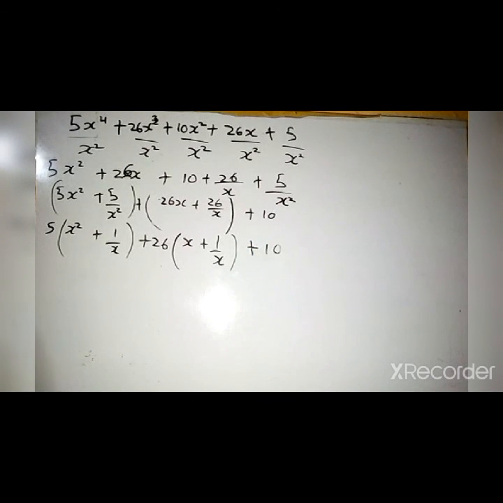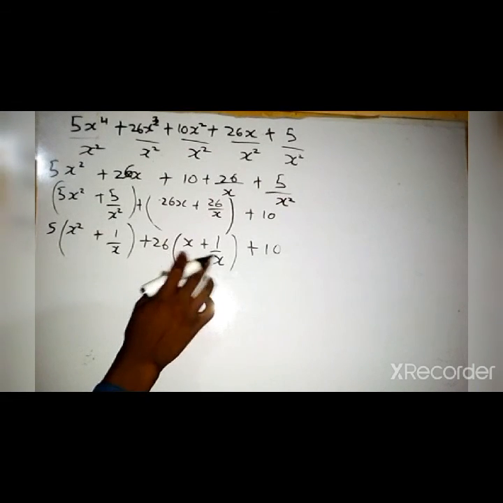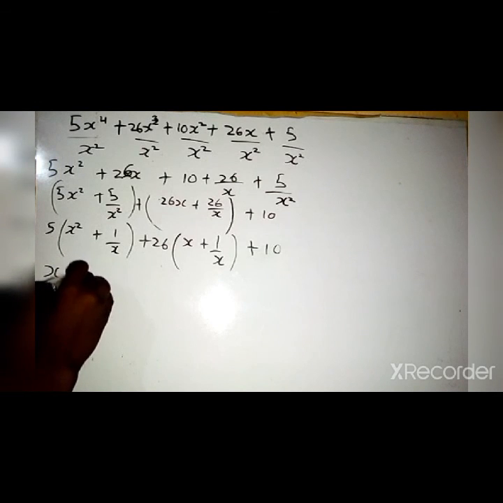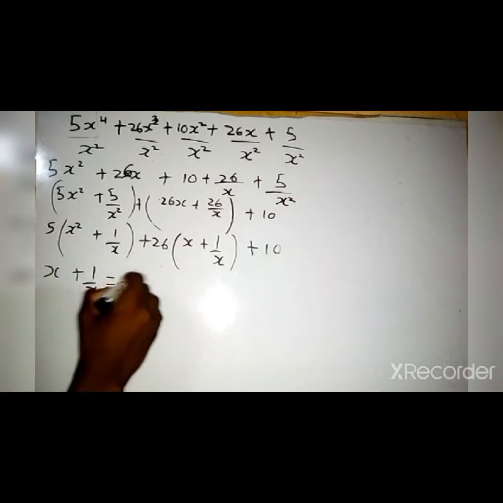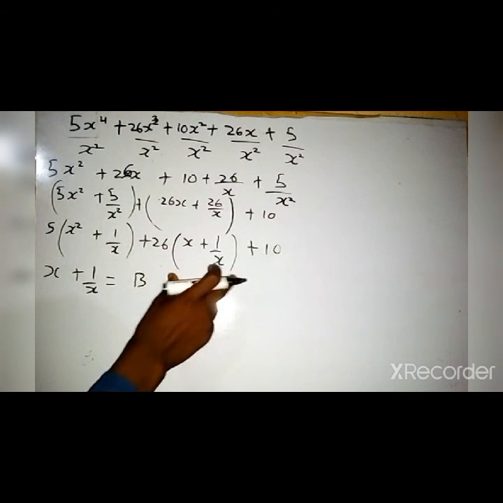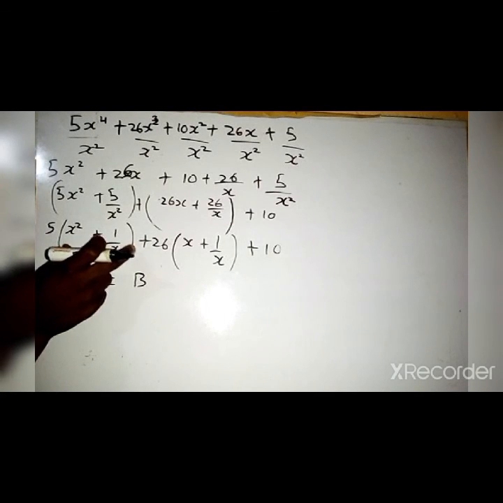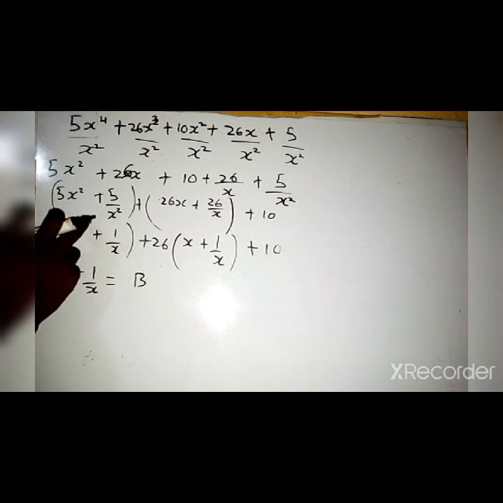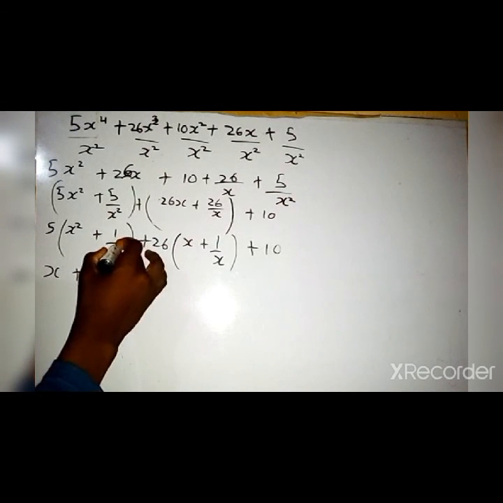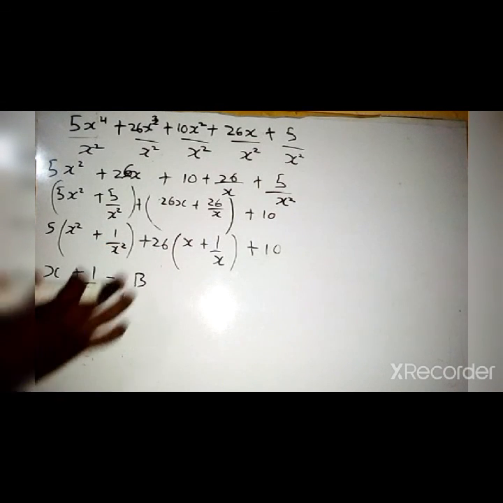Now we make this x plus 1 over x a variable. Let's say x plus 1 over x equals b, or p, any letter. So now we want to get x^2 plus 1 over x^2 in terms of b.